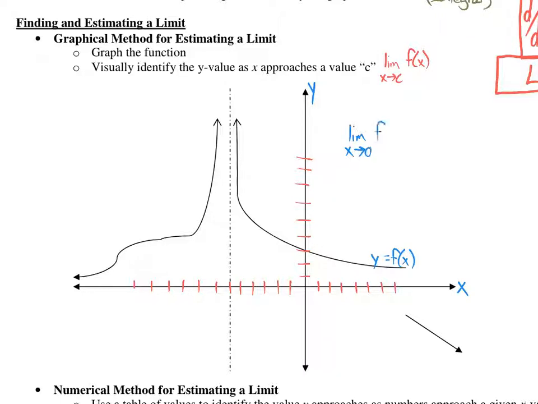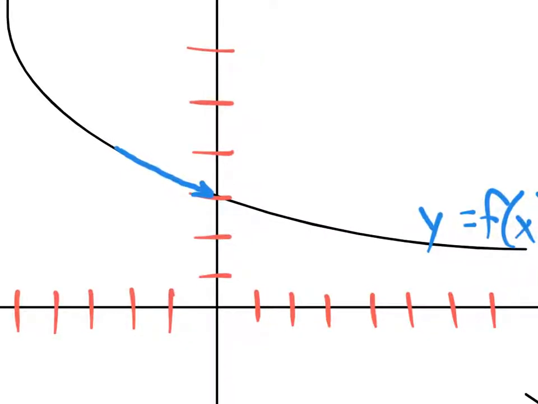0 of f of x. You'll notice here where x is 0, on the left-hand side, you can see our function is actually getting smaller. It's decreasing. But what value is our function approaching from the left-hand side?